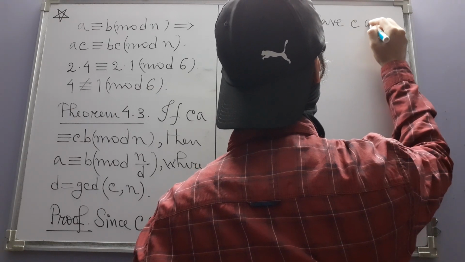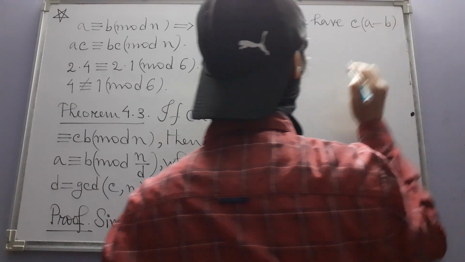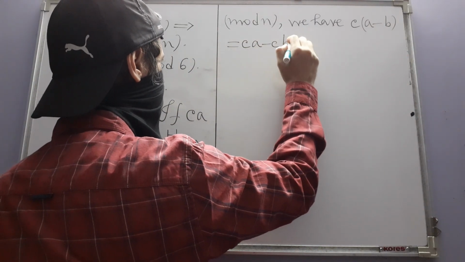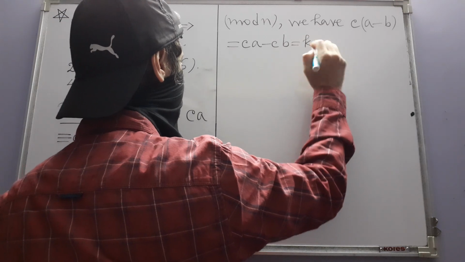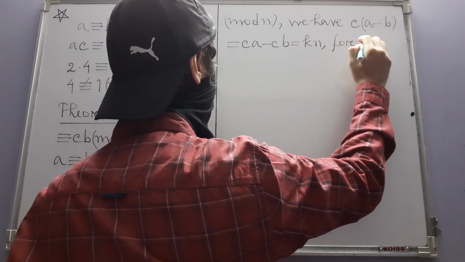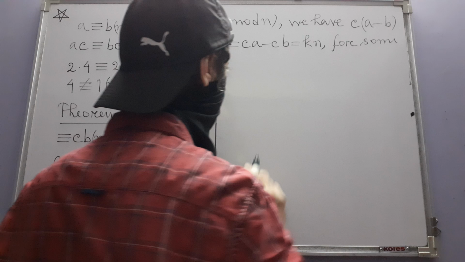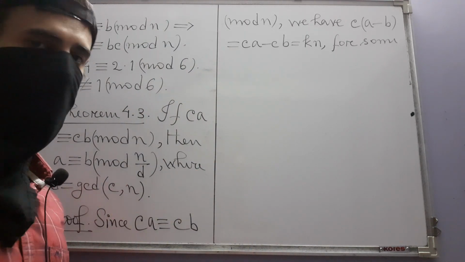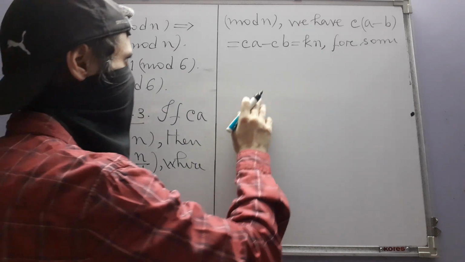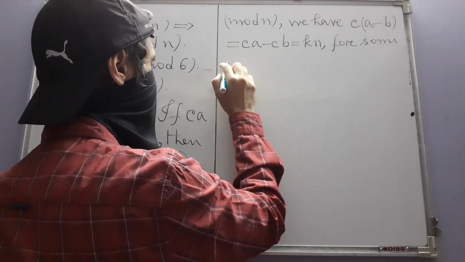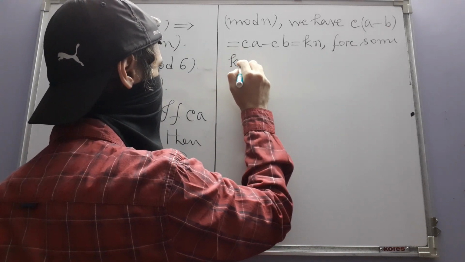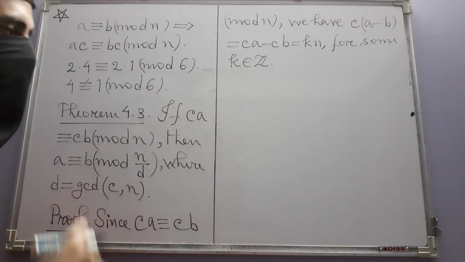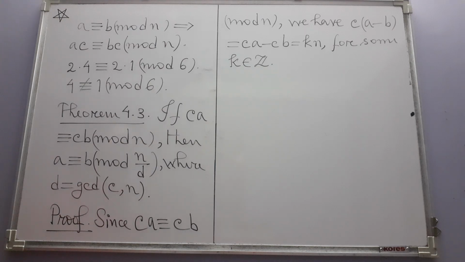But ca minus cb is c times a minus b. So that is kn for some integer k. It is a little cumbersome to keep writing for some integer k. So instead, let's use notations from set theory. Let's write: for some k belonging to Z, where this denotes the set of integers.